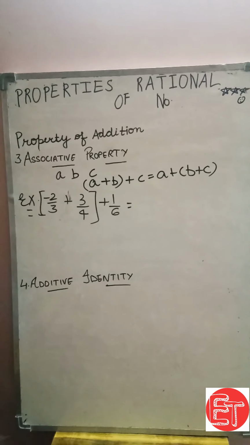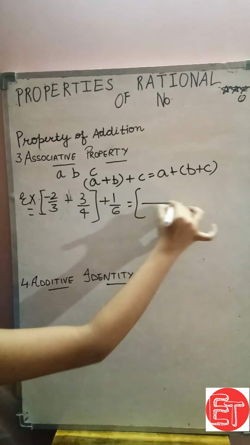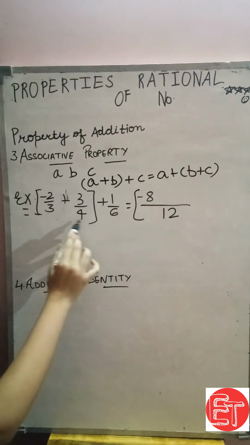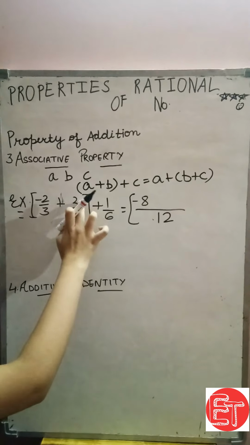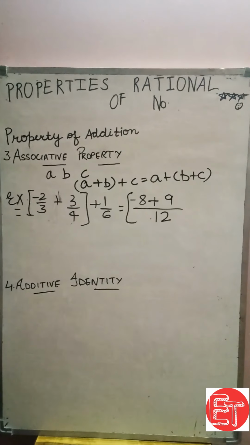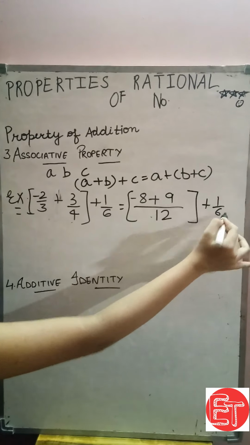Okay. So now the LCM of 3 and 4 is 12, minus 8. Then 4 3s are 12. Now I need to multiply my 3 into 3 plus 3 plus 9 minus 8 plus 9 bracket close plus 1 upon 6.